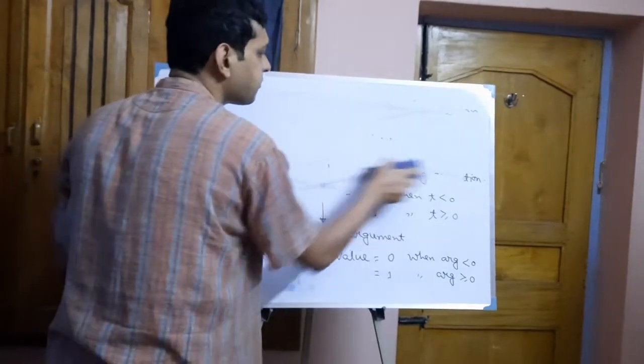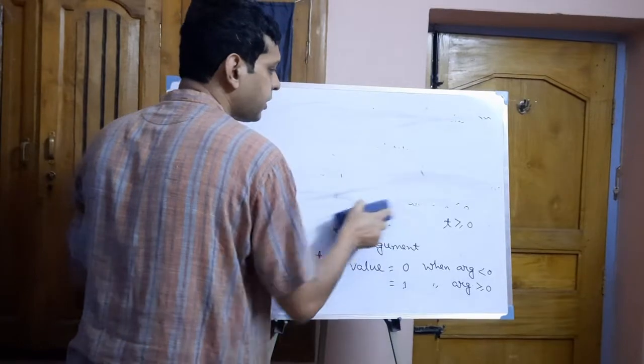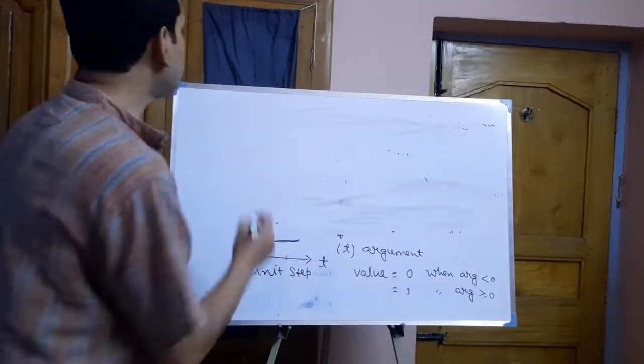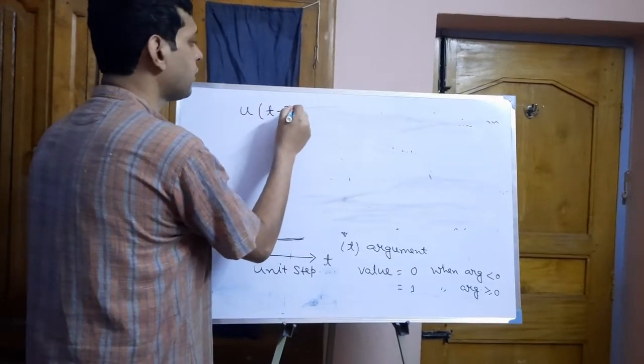Now, let us try to plot a separate function. The function is, say, u(t minus 3).